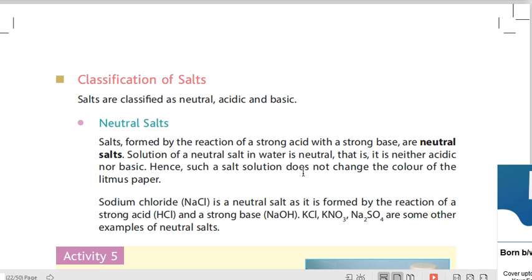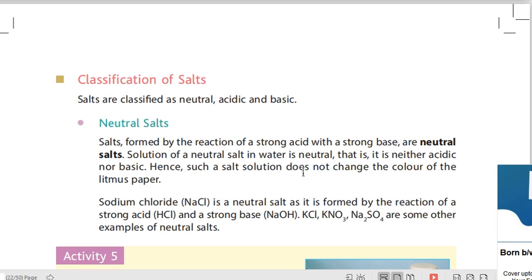For this, the main thing is which type of acid and base react with each other. Only on that basis we can classify them into different types of salt, that is acidic, basic, or neutral salt. So let us see. First of all, we'll talk about the neutral salt.